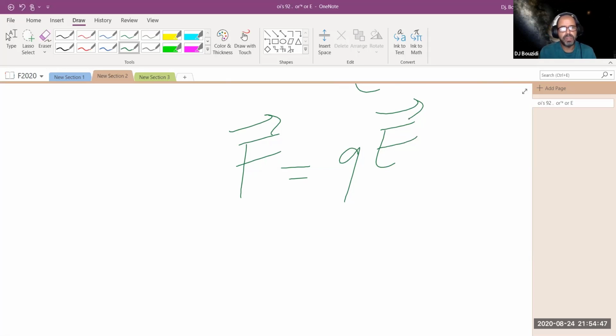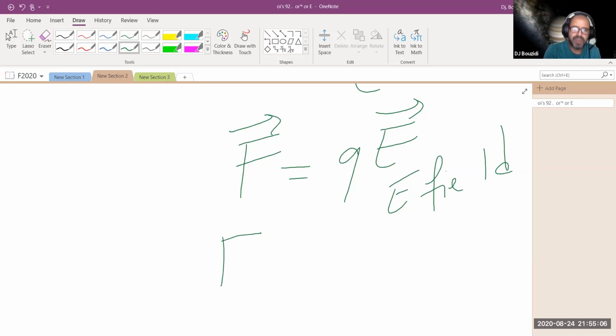Remember the purpose of this force that we just discovered today, the electrostatic force, whether expressed in terms of Coulomb's law or in terms of the electric field, the E field. All the purpose of this law is to go back to F equals ma, so that now we can find a.